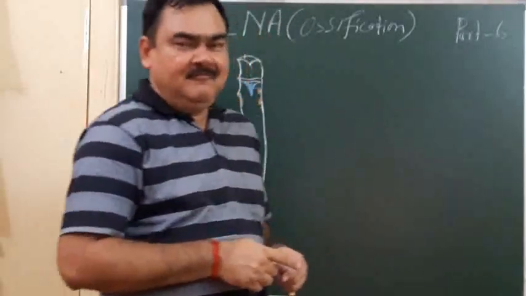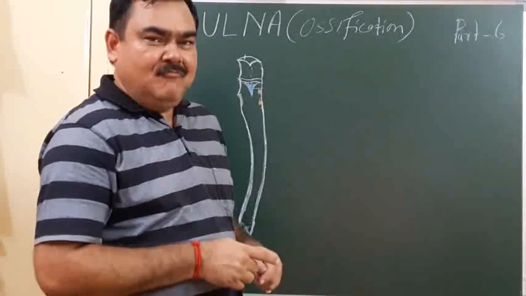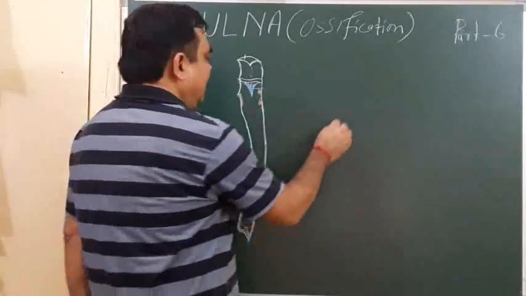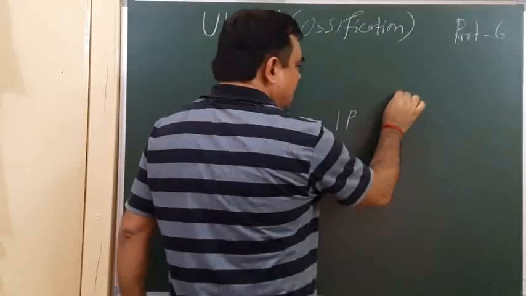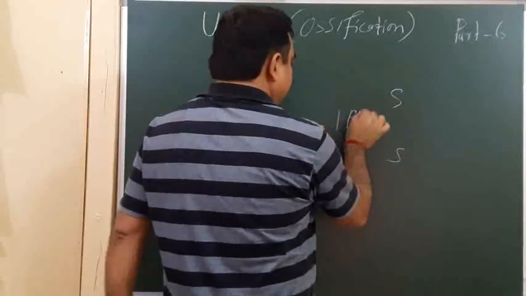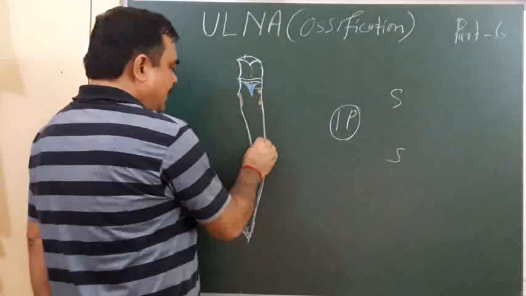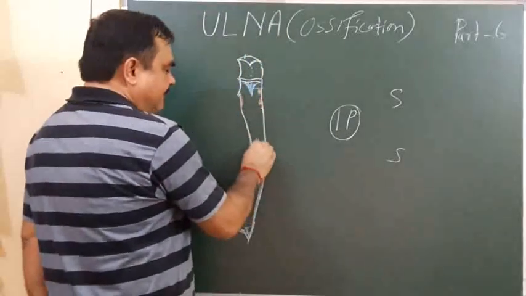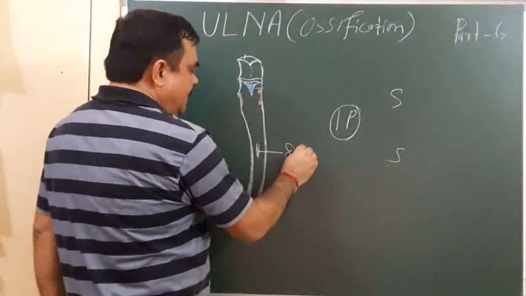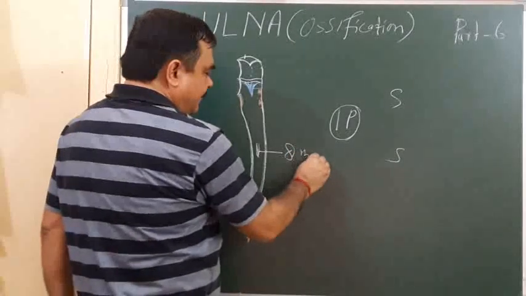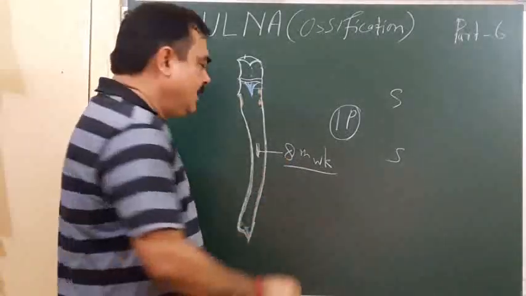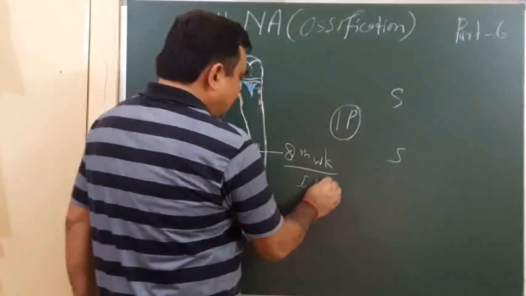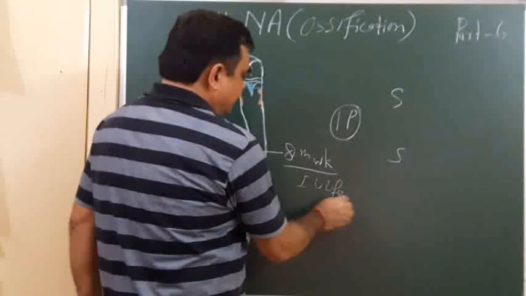Ulna ossifies from one primary and two secondary centers. One primary center appears in the shaft during the 8th week of intrauterine life.